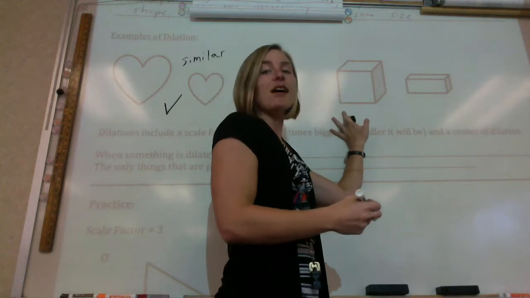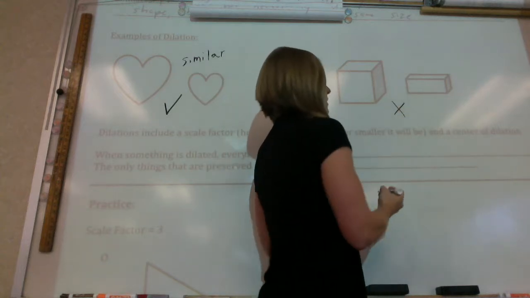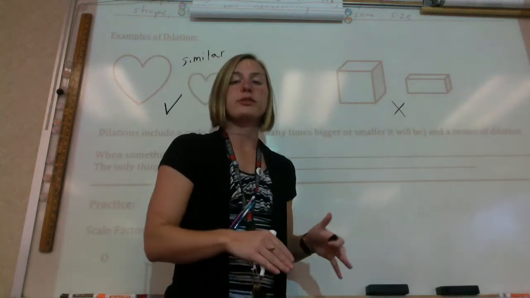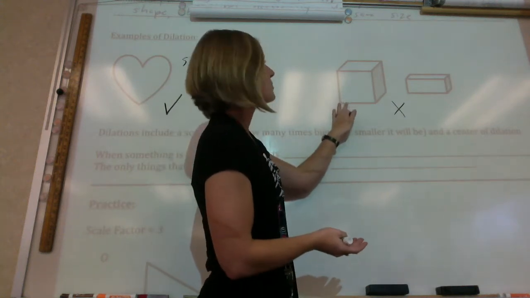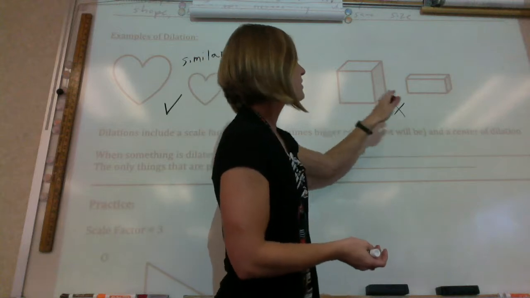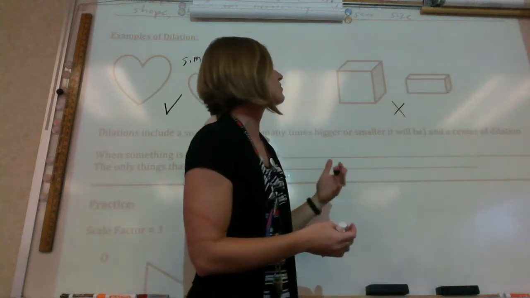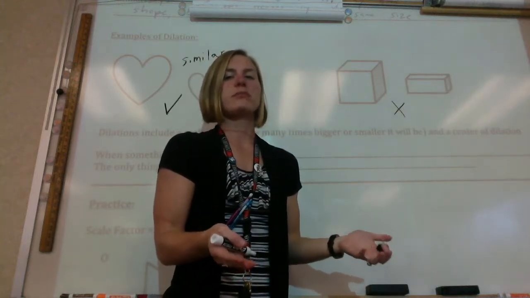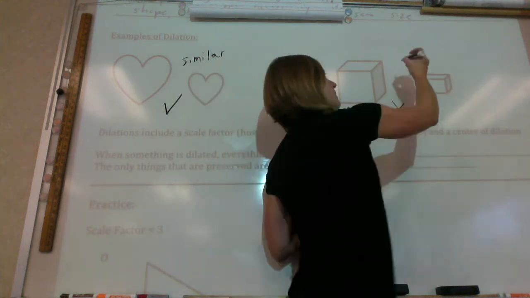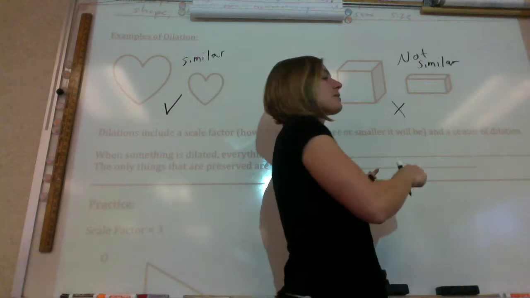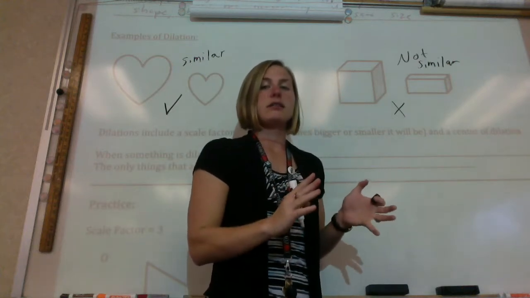This one is not a dilation. And a lot of you can tell right away, those are not the same shape. They look kind of similar, yeah, they're boxes, but this one is a cube and this one's a rectangle, so they're not similar. These are not dilations. It's not like I took this one, scaled it down, and got to this one. So this one is an example of something that's not a dilation.